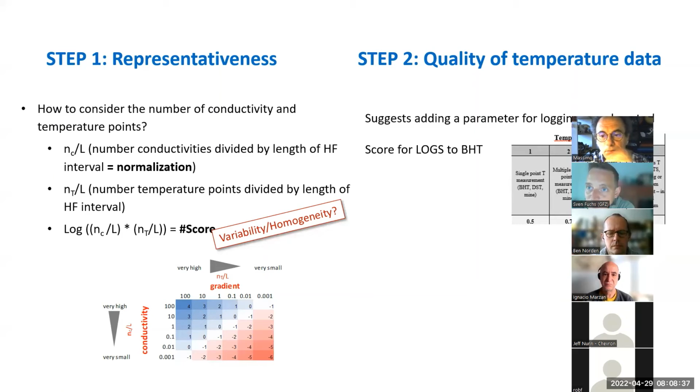But imagine that you have two BHTs that describe your top and bottom of an interval, but that are not perturbed by drilling conditions, and probably gives you a far better absolute value than a perturbed temperature log over that area. So I don't know whether we should exclude the dimension of drilling related perturbations totally from this scoring here.